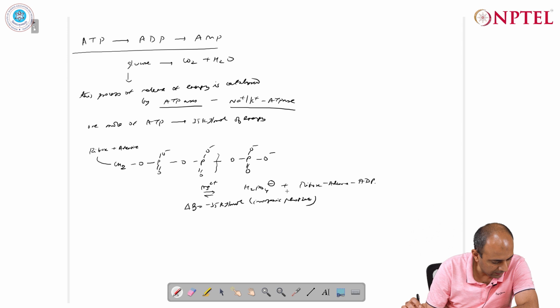Magnesium acts as a catalyst for this process, and it is a very important process, because the P-O bonds are the strongest bonds, and when they break, the maximum amount of energy is released as it converts into the inorganic phosphate and the adenosine diphosphate.